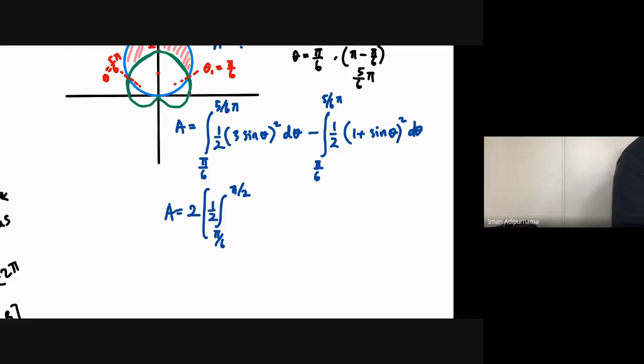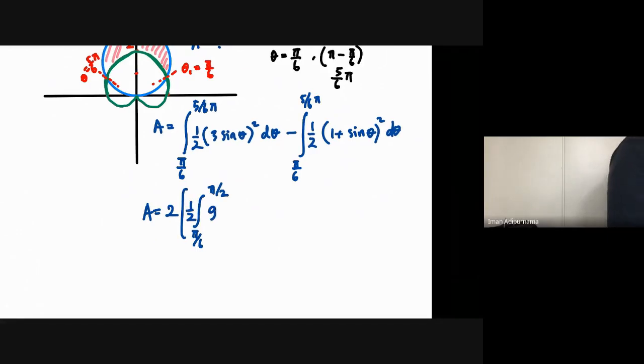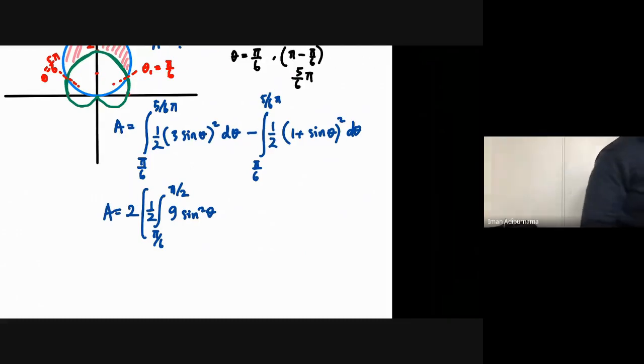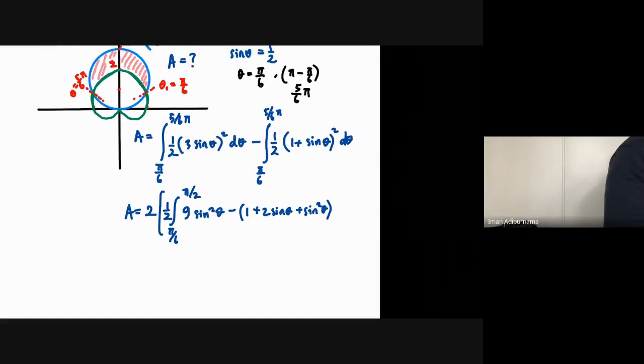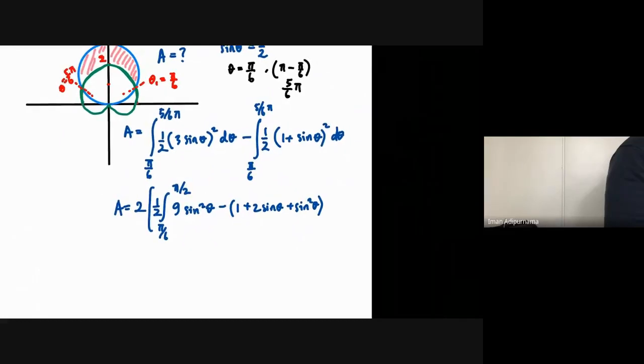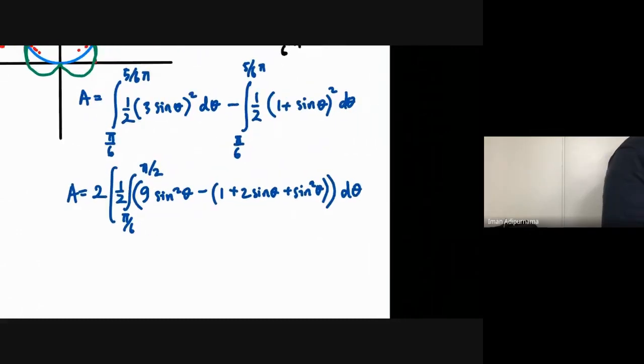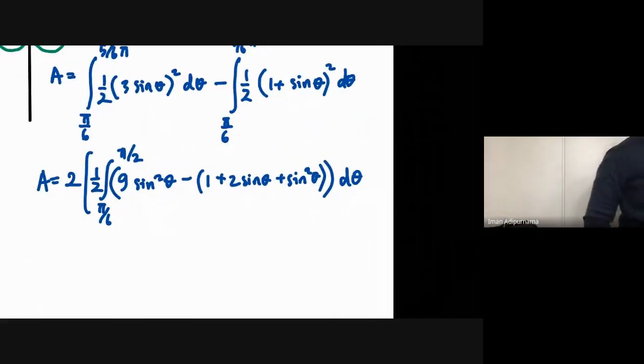Let's say it's half. It's 9 sine squared theta. Let me just write all minus 1 plus 2 sine theta plus sine squared theta, and then d theta. Okay.